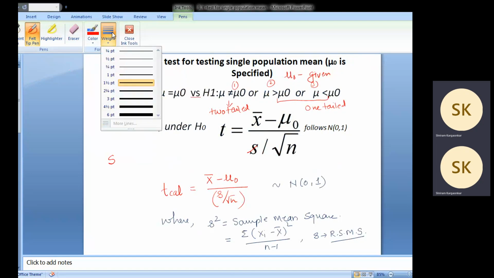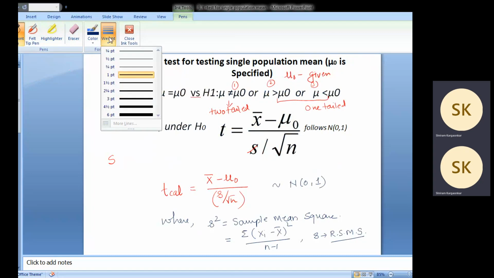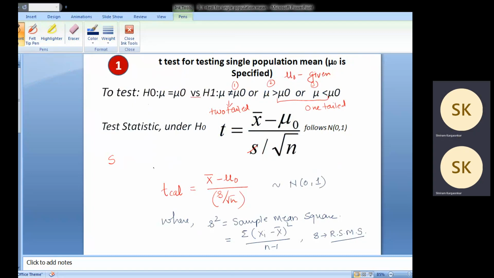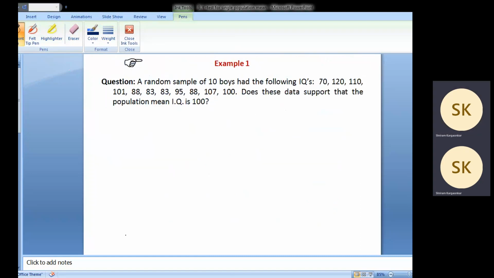So for that purpose, we have to remember the relation between the sample variance and the sample mean square. It's a very useful relation. Next, we study one example on this.